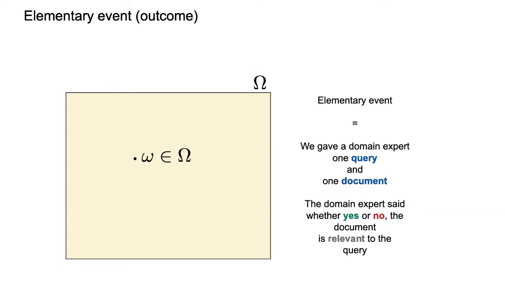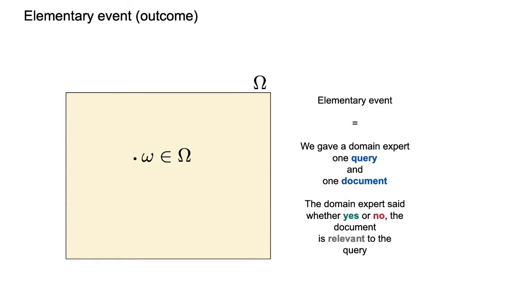So imagine we do that, and every time we give one person a combination of a document and information need, and that person answers with yes or no, it's relevant or it's not relevant, this gives us an elementary event in an omega set, all right?